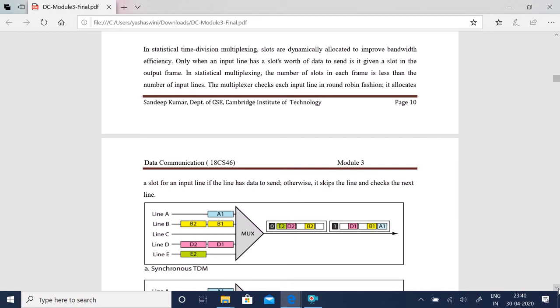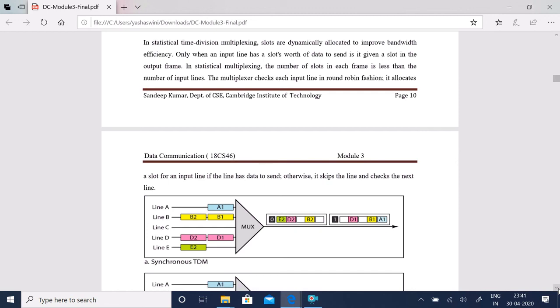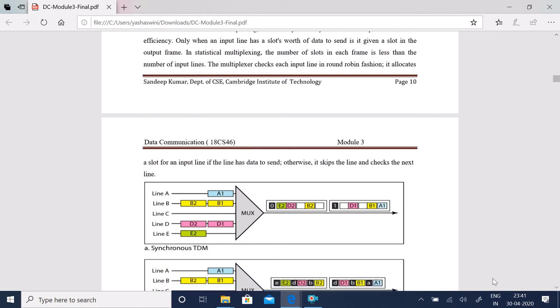The input line has a slot for data to send if and only if it has an output slot frame. In statistical multiplexing, the number of slots in each frame is less than the number of input lines. Again it works in round robin fashion, that is each channel will get a chance once every line has transmitted its data.